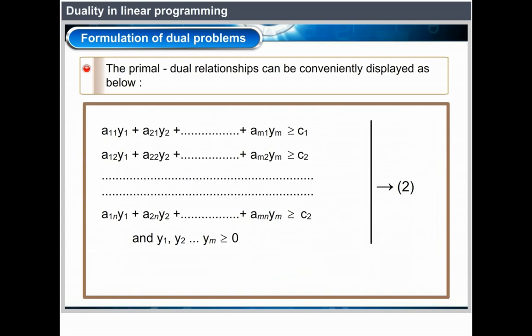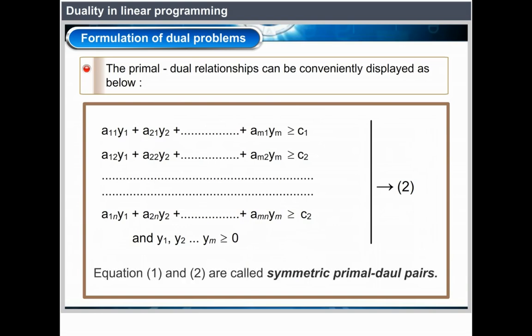Second constraint A21Y1 plus A22Y2 plus etc. plus Am2Ym greater than or equal to C2, etc. A1nY1 plus A2nY2 plus etc. AmnYm greater than or equal to Cn and Y1, Y2, Ym greater than or equal to 0, is called equation number 2.